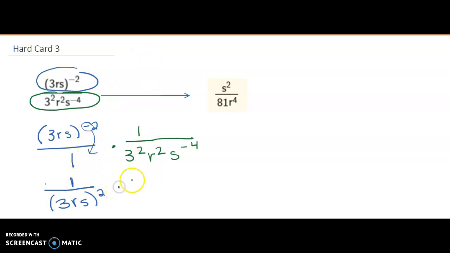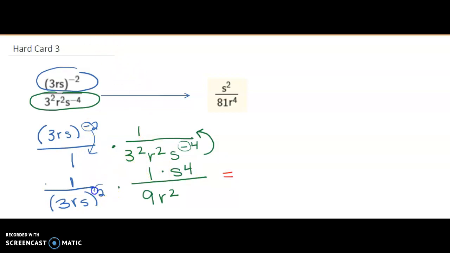Times, well, let's look at this. 1 here. This 3 squared is 9, r squared, and once again we have a negative exponent. So s to the -4. If we move this to the top, then we can change this exponent into a positive, so times s to the +4. Okay, now I can just multiply straight across. Actually, I can't.